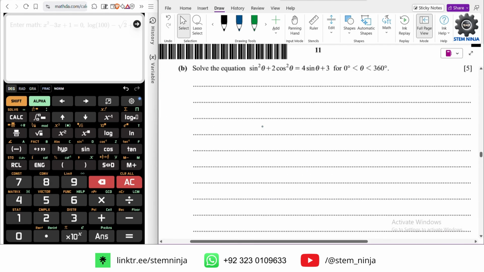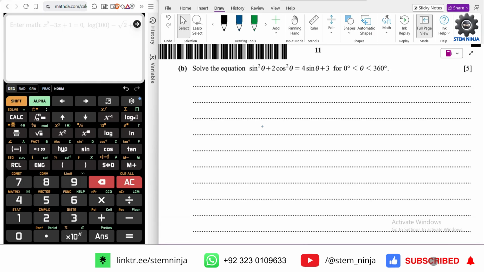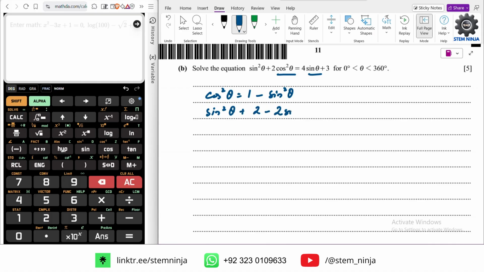Right, okay. Part B. Solve the equation sine squared theta plus 2 cos squared theta is equal to 4 sine theta for 0 to 360 degrees. Okay, so over here we need to convert this cos squared theta in terms of sine theta also, because we have sine power 1 over here. So cos squared theta is basically 1 minus sine squared theta, so therefore this would turn into sine squared theta plus 2 minus 2 sine squared theta minus 4 sine theta minus 3 equal to 0.